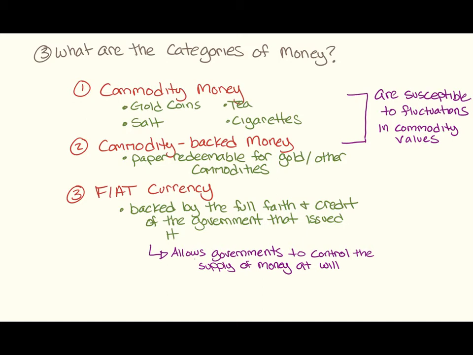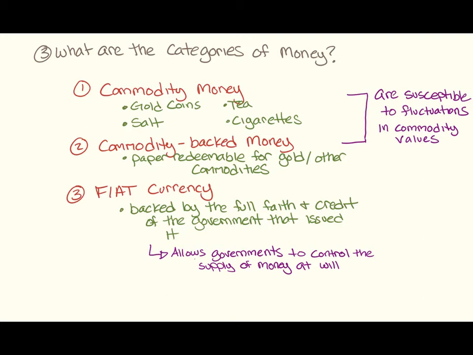So the idea behind commodity-backed money is that it's essentially a lot of times paper or banknotes that represent a commodity without actually having all the negatives that go along with that commodity itself. So I may have a piece of paper that's worth half an ounce of gold, and that's a lot easier for me to transport, a lot easier for me to use than actually walking around with half an ounce of gold.